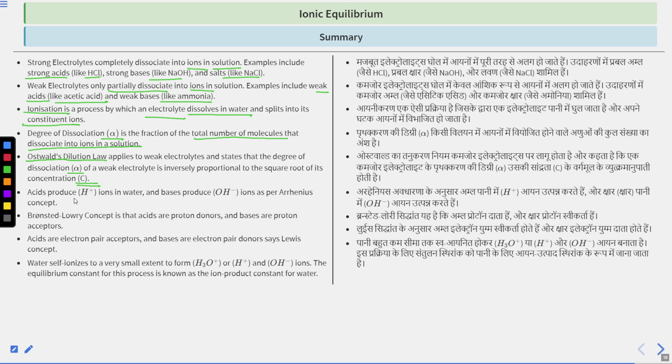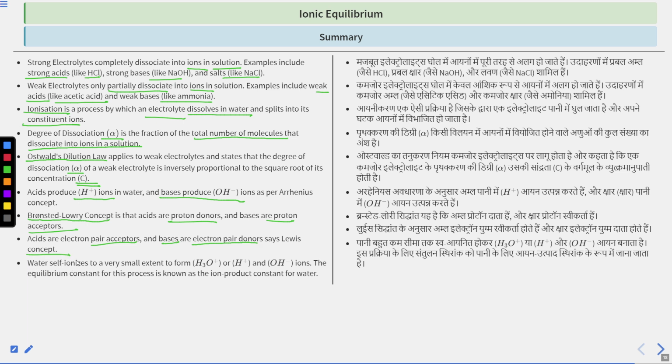Acids produce H positive ions in water, and bases produce OH minus ions as per Arrhenius concept. Bronsted-Lowry concept is that acids are proton donors and bases are proton acceptors. Acids are electron pair acceptors and bases are electron pair donors, says Lewis concept.